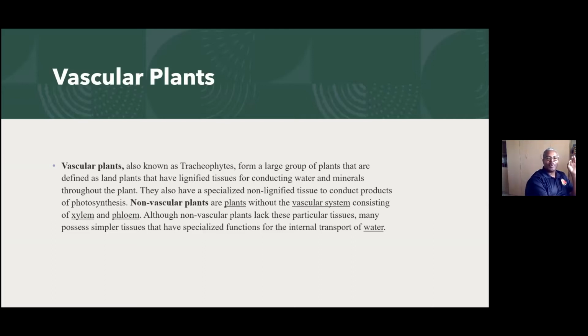A vascular plant basically has a xylem and a phloem. I'm going to be using the term xylem and phloem quite a bit. So we're going to continue to move on, and eventually you're going to have a good understanding of what the xylem and the phloem is all about.